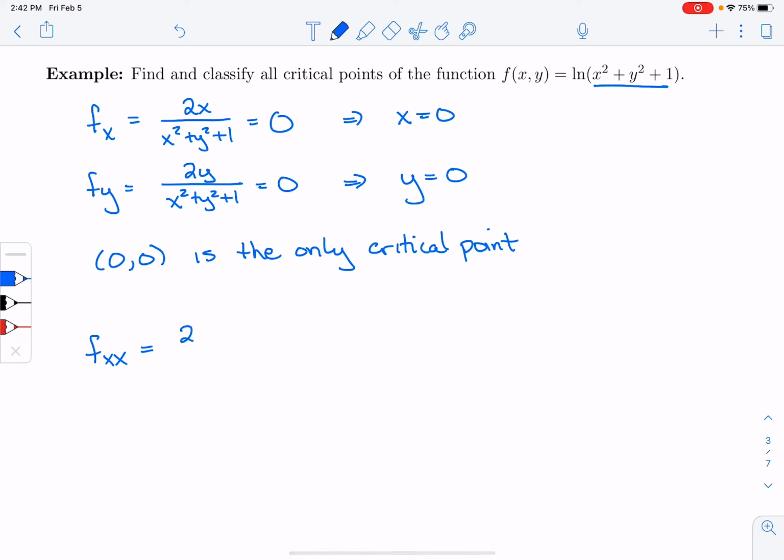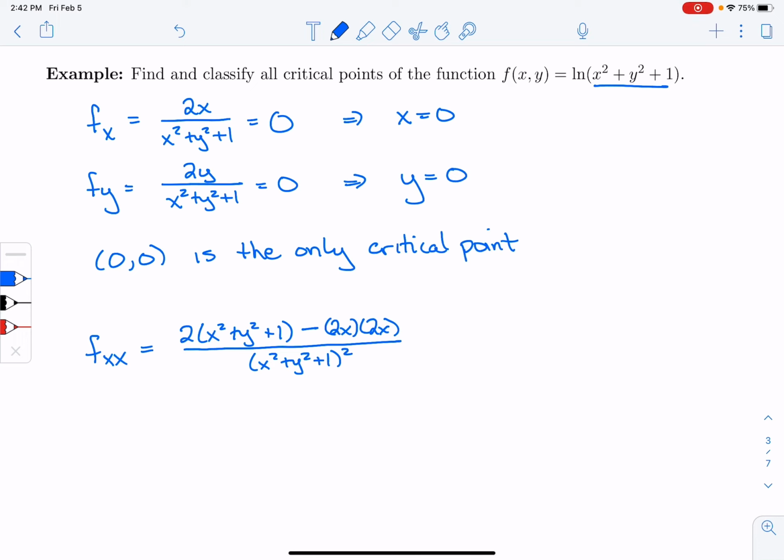The bottom is x squared plus y squared plus 1. Okay, and then minus, I'm going to get 2x times the derivative of the bottom, which is also 2x. And divide the whole thing by the denominator squared. Okay, so that's my first term.